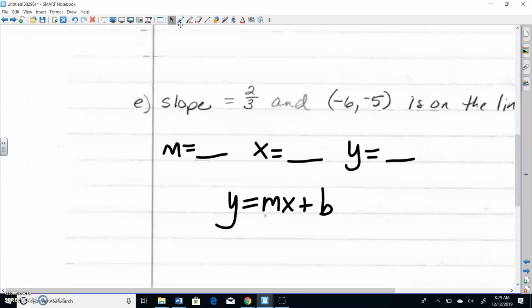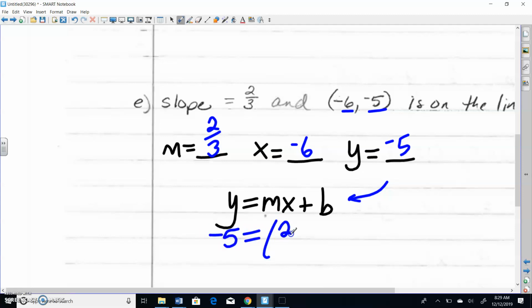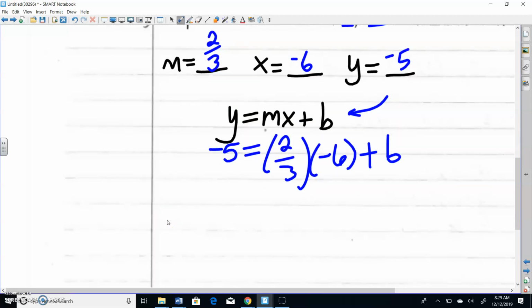All right, so we have to identify 3 important parts: the slope, the x, and the y. The slope is 2/3. The x is the x-coordinate of the point given. The y is the y-coordinate of the point given. Now we're going to take those 3 values and plug them into this equation to help us find the y-intercept, which is b. So y is -5 equals the slope, 2/3, times the x-coordinate, -6, plus b. I multiply 2/3 times -6, and that gives me -4, correct?